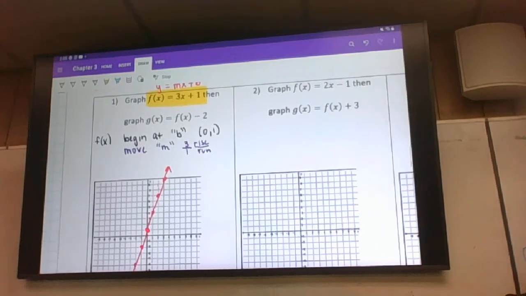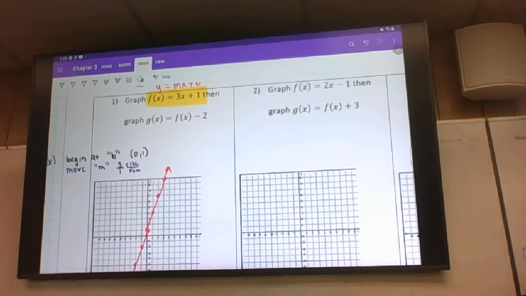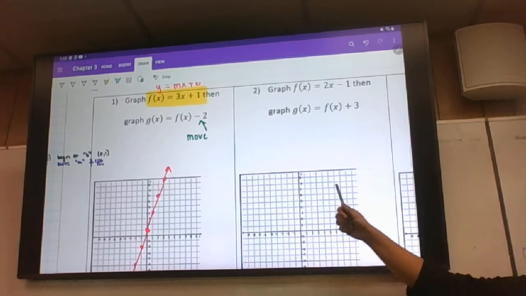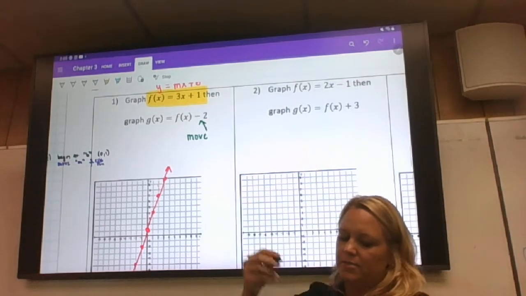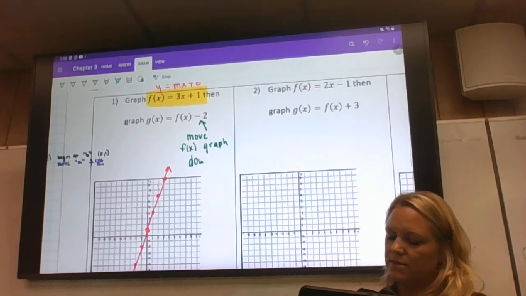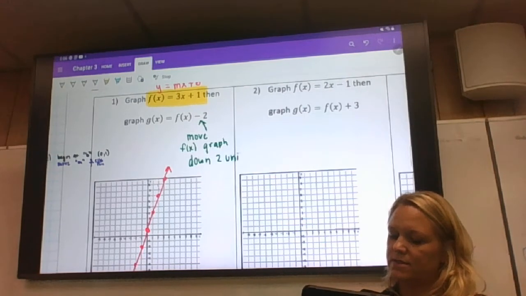So now g of x. You guys probably all wrote that, but I'm going to move it. This -2 right here means move f of x, which we just graphed, down 2 units.